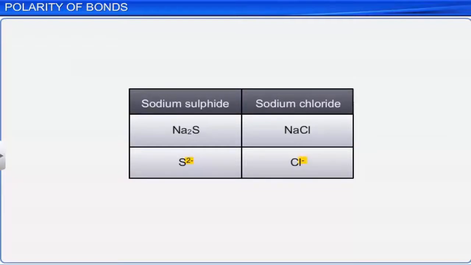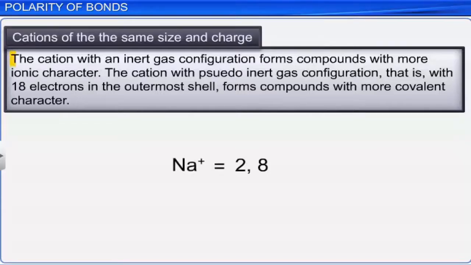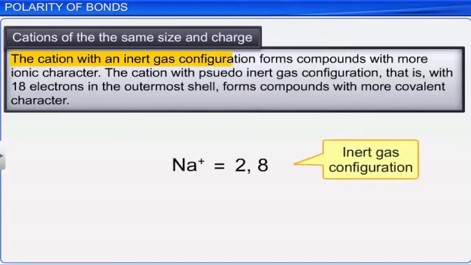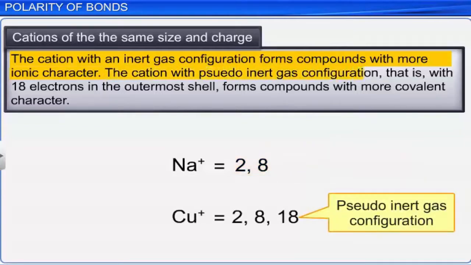For cations of the same size and charge, the cation with an inert gas configuration forms compounds with more ionic character. The cation with pseudo-inert gas configuration, that is, with 18 electrons in the outermost shell, forms compounds with more covalent character.